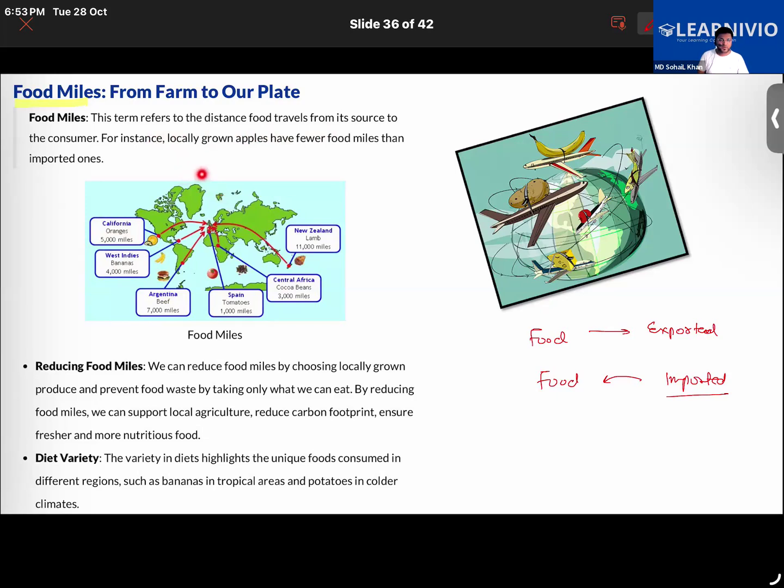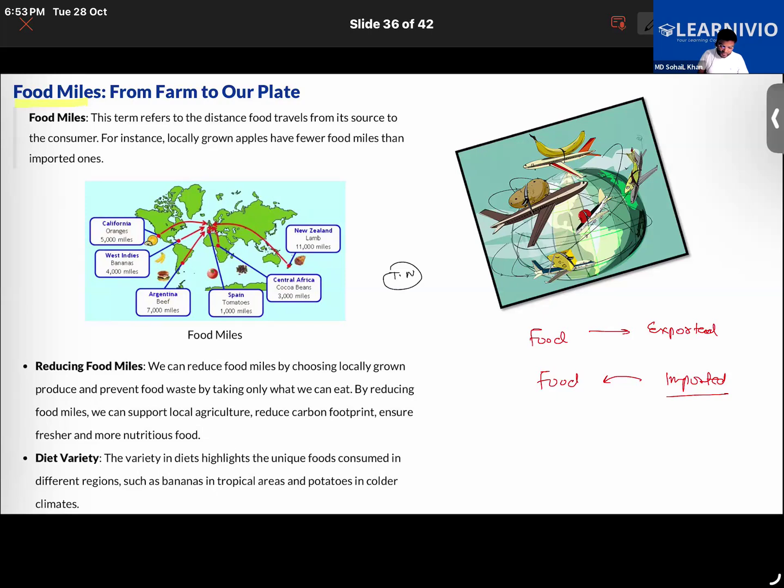For instance, locally grown apples have fewer food miles than imported ones. Say you are living in Tamil Nadu, where apple is usually not grown.